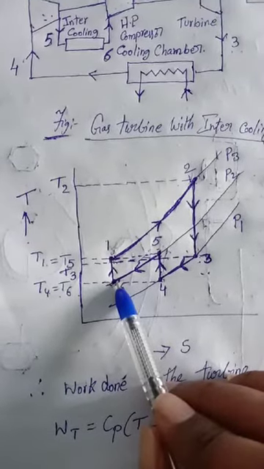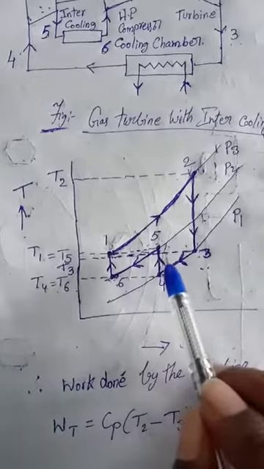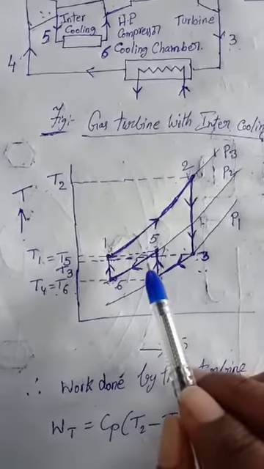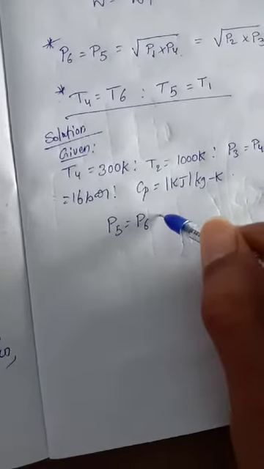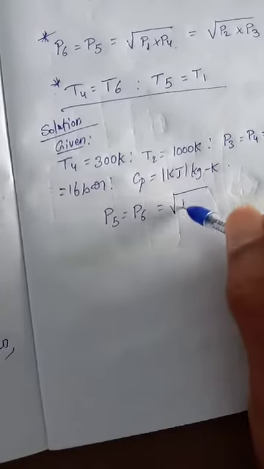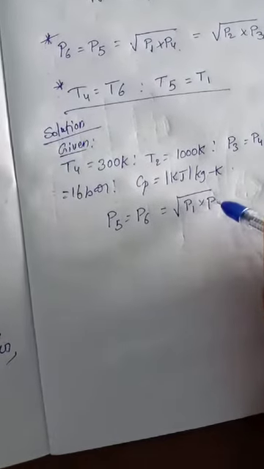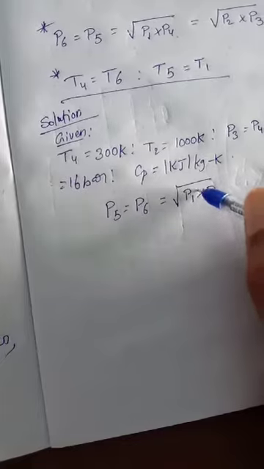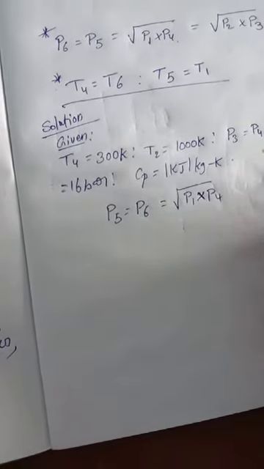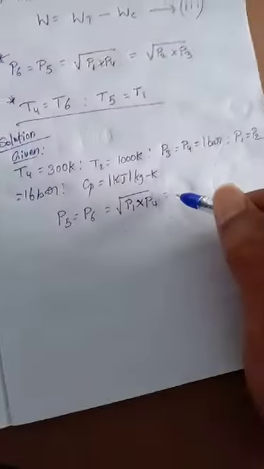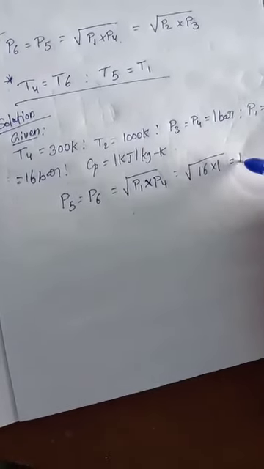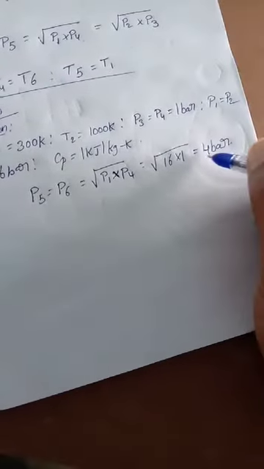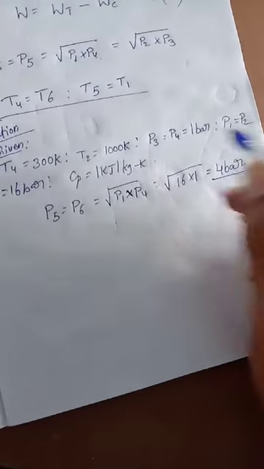So we know that for perfect intercooling, the intermediate pressure P5 is equal to P6, that is equal to root of P1 into P4. That is root of 16 into 1, so here it will come to 4 bar. This we know very well.